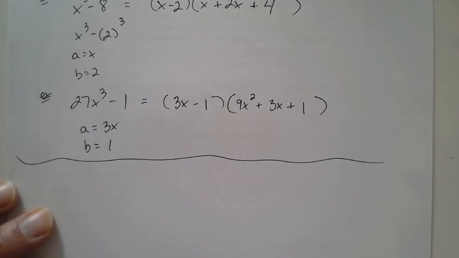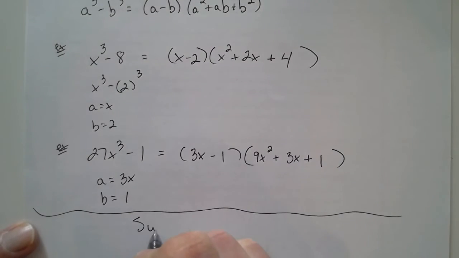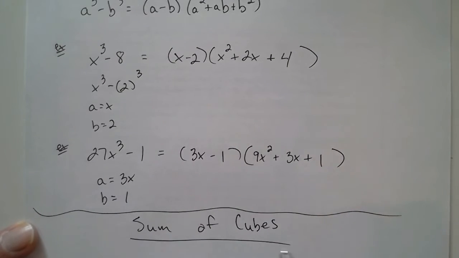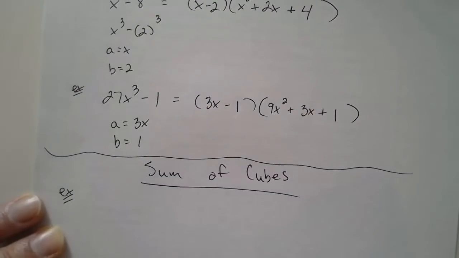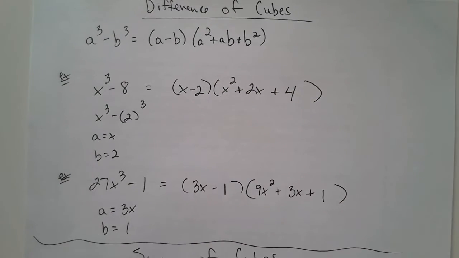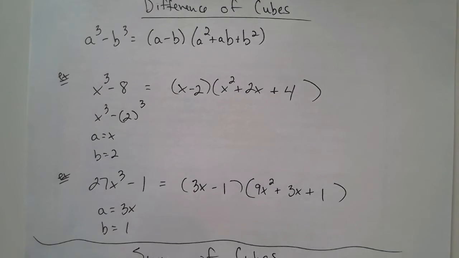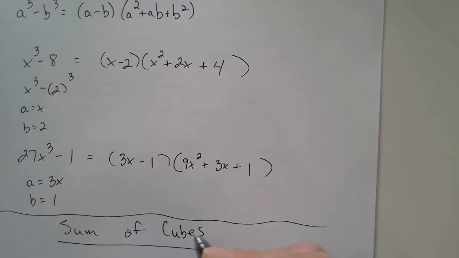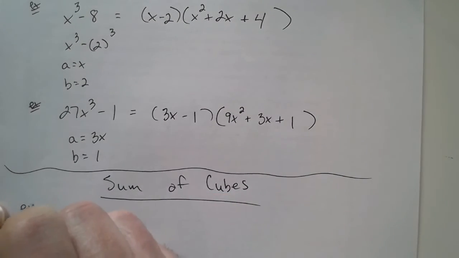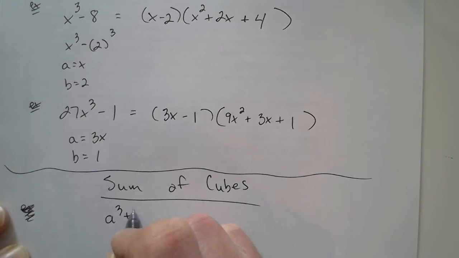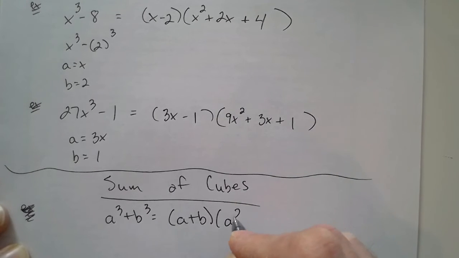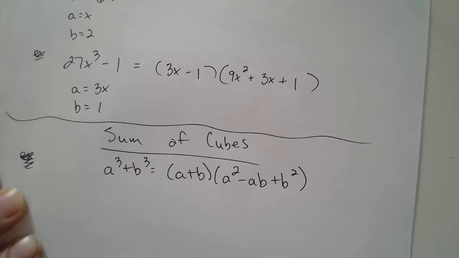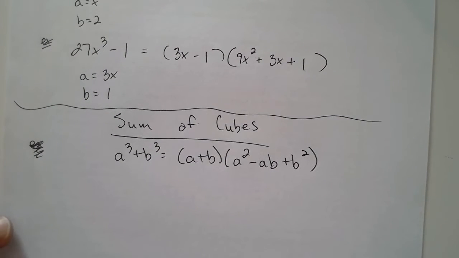Next one would be sum of cubes. It's really similar to difference of cubes, just a different formula. So if I have, here's our formula, a cubed plus b cubed, that would be a plus b times a squared minus ab plus b squared. That's the sum of cubes.